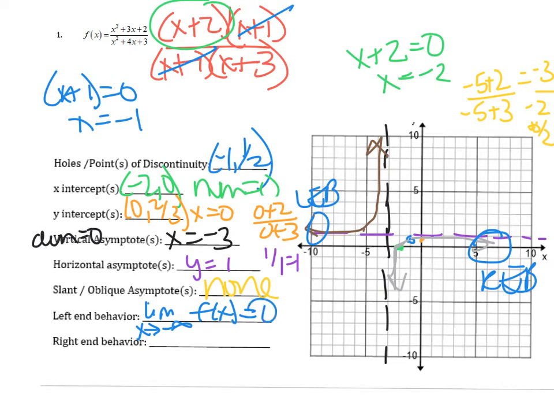Sorry, my asymptote's 1. And then for my right end behavior over here, this one also is going towards 1. So my limit as x approaches infinity of f of x equals 1 also.